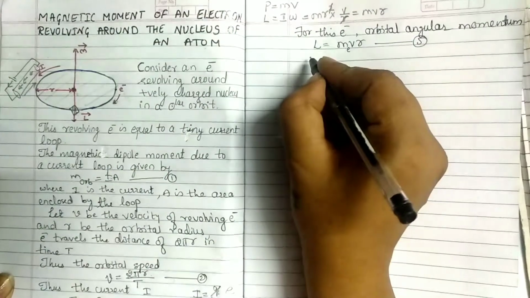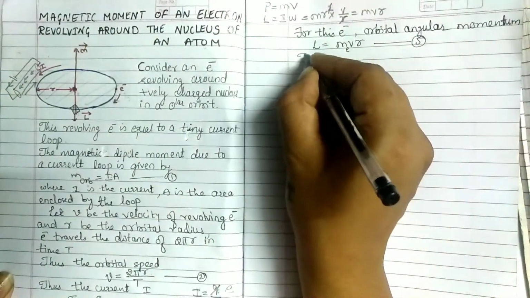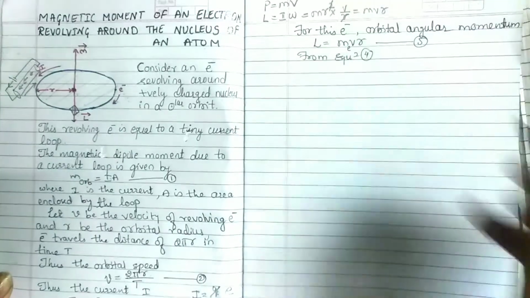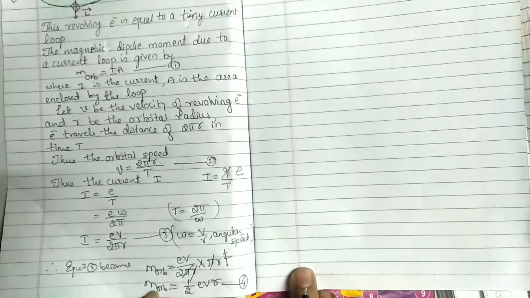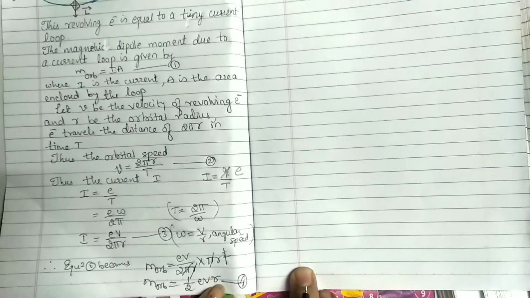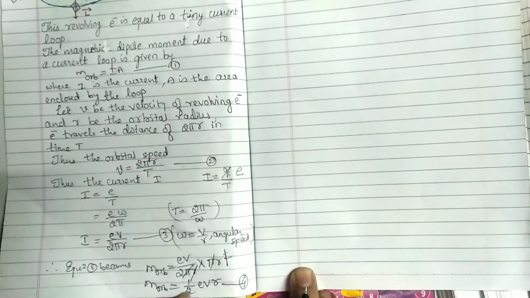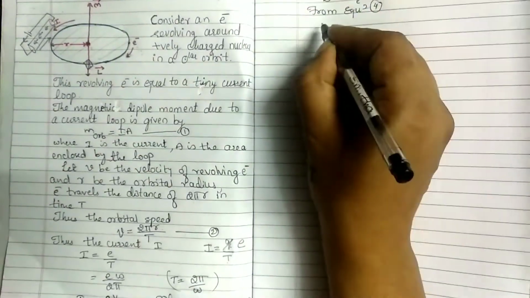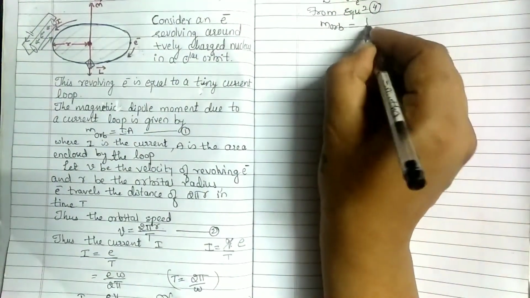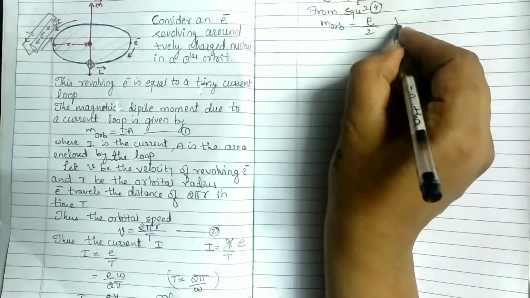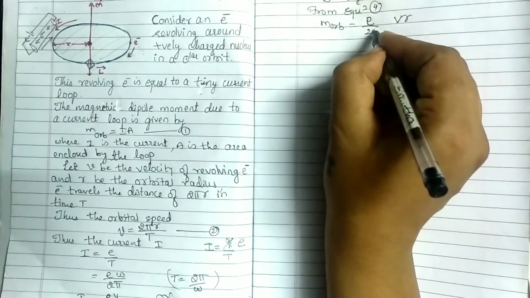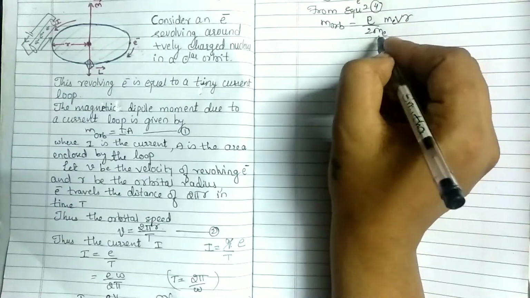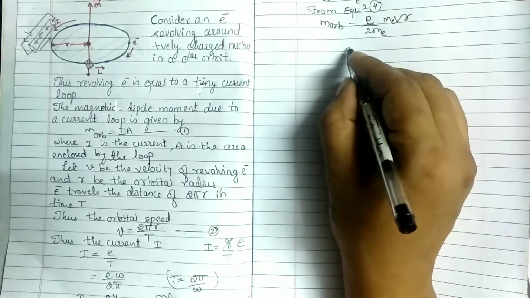Now I will modify equation number 4. From equation 4, m orbital equals half EVR. Remember, m orbital equals half EVR. I write this as m orbital equals half E, VR. Now I multiply and divide with the mass of the electron, balancing with the mass of the electron.